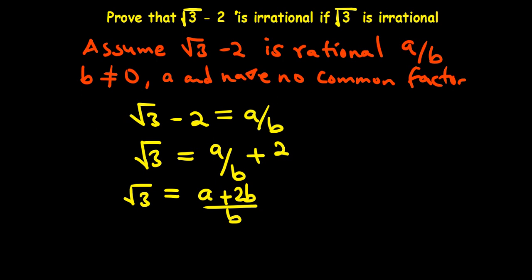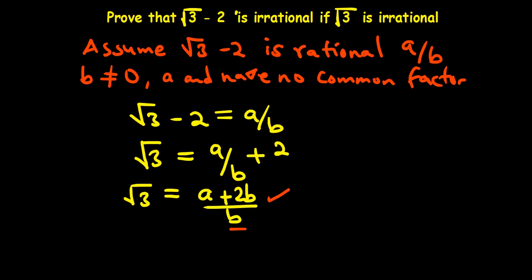So if there's no common factor, it implies that the right hand side is showing a rational number by definition, since there are no common factors there, and we've expressed it in the form a over b. So the right side is what is rational.